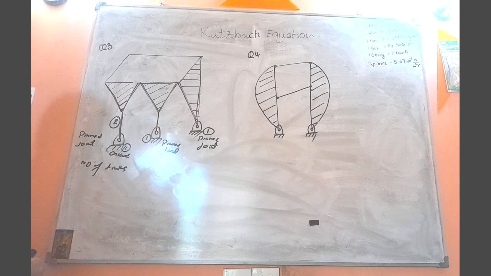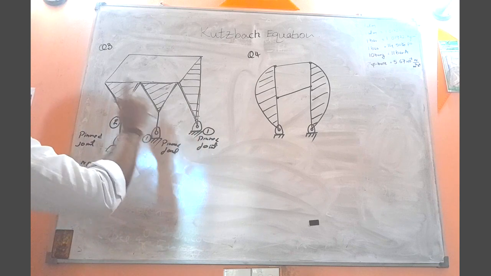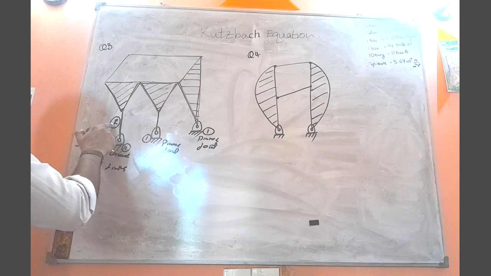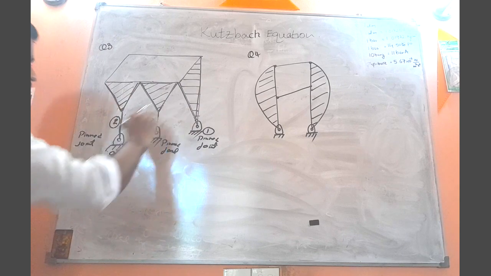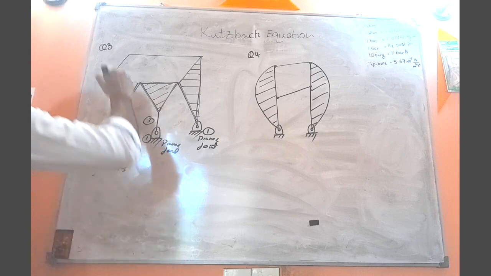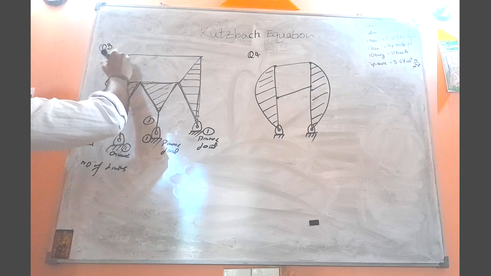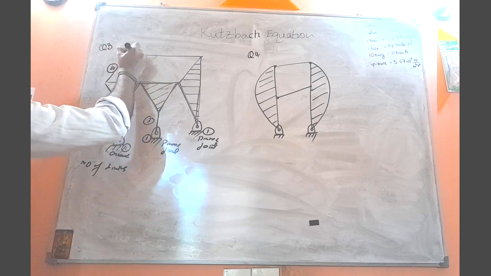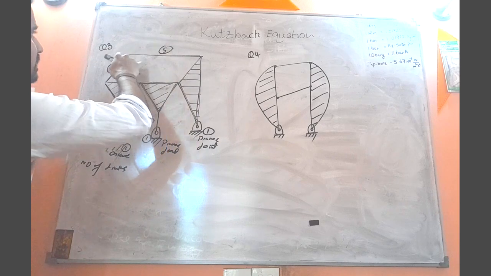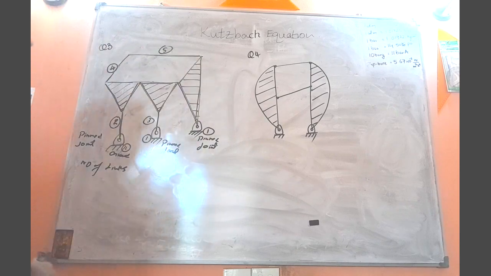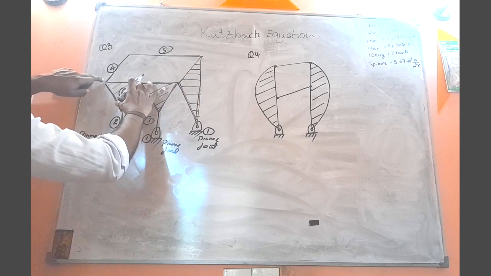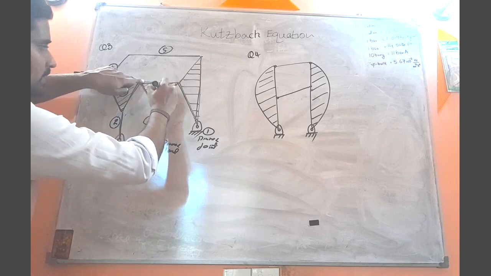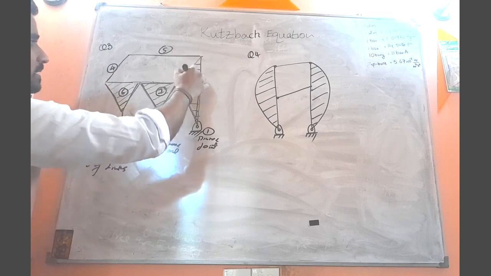So label number 1 is the base, label number 2 is this link, label number 3 is this link, label number 4 is this link, and label number 5 is this link. Then label number 6 is this single plate, this plate is label number 7, and this plate is label number 8.